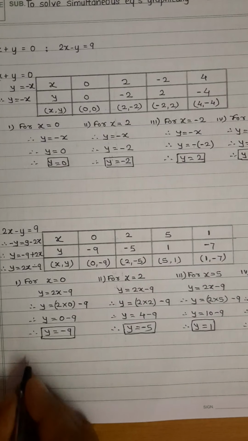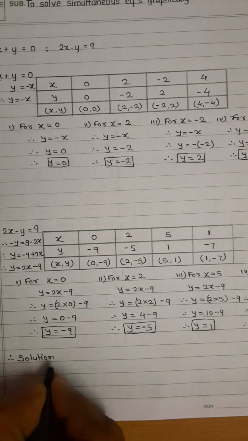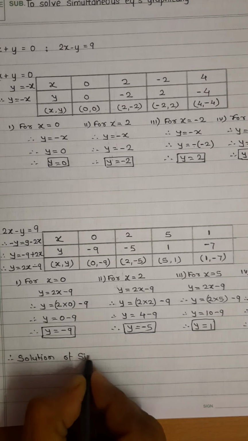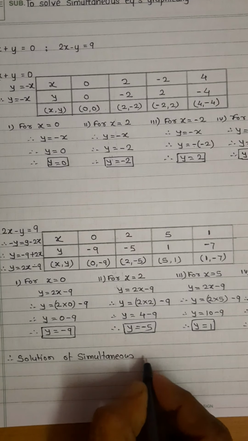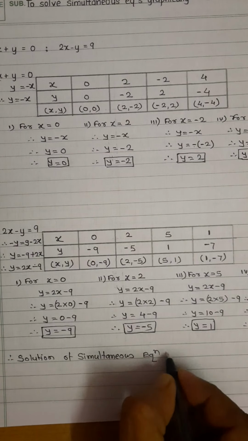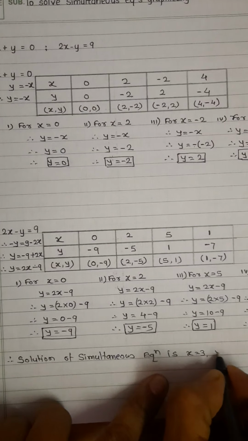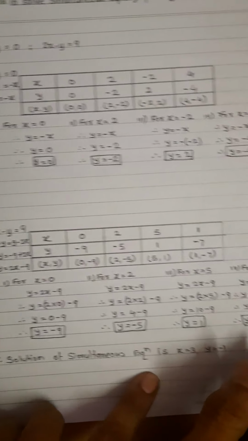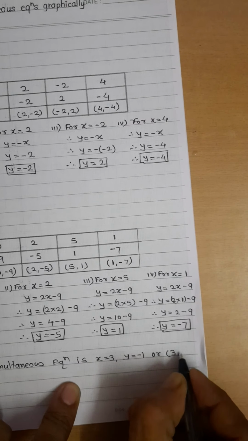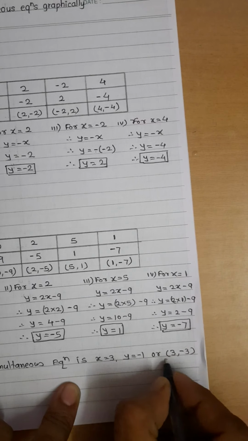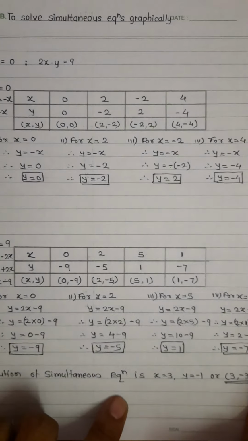Here we have to write: therefore, the solution of the simultaneous equations is x is equal to 3, y is equal to minus 3, or we can write it like this, (3, minus 3). This is our solution for the simultaneous equations.